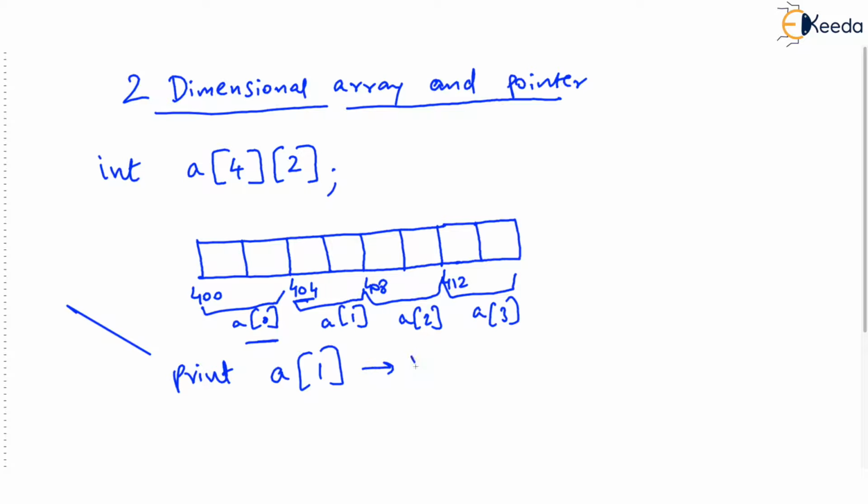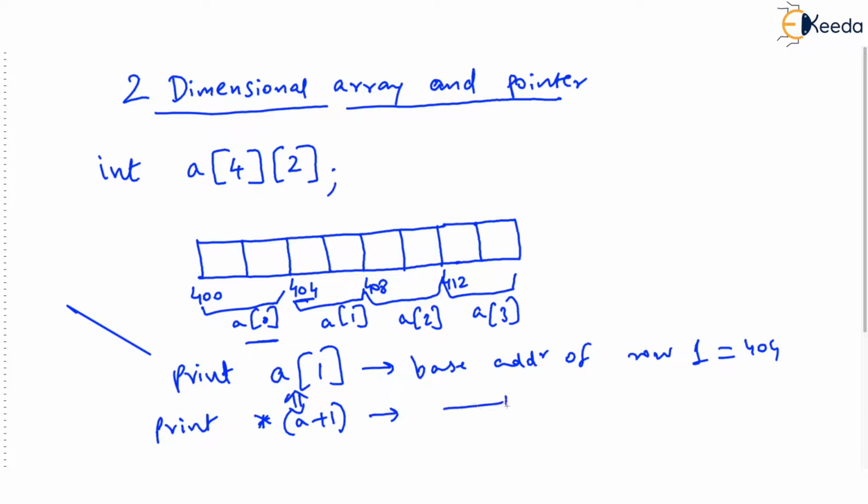So this will be the base address of row 1, which is the same as 404. But what if you write print asterisk A plus 1? Please try to understand, both these notations are the same. So this is also going to give us the address of row 1, which is 404. All right.